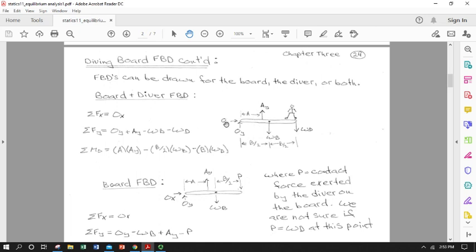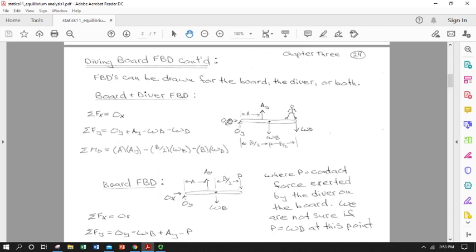So we're going to draw the forces that are being applied and the moments, if there are any independent moments, that are being applied to this whole combo. Remember we had a hinge over at point O. A hinge doesn't apply any moment. It doesn't twist anything, at least in the plane that we're looking at.